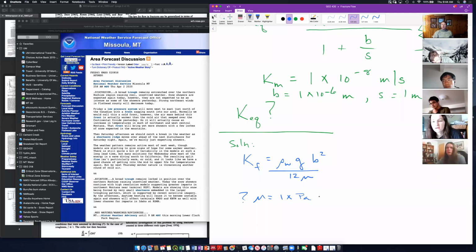It can also be 1 millimeter squared per second. So usually viscosity is in Pascal seconds, not Pascals. Well, I meant Pascal seconds. Sorry. You meant Pascal seconds.